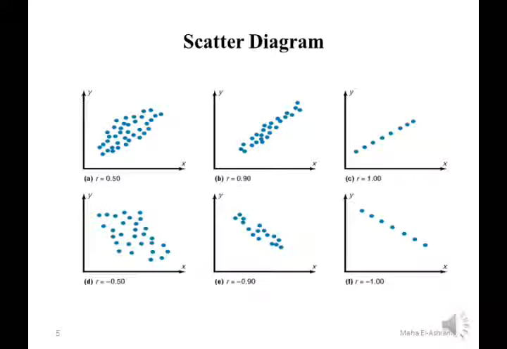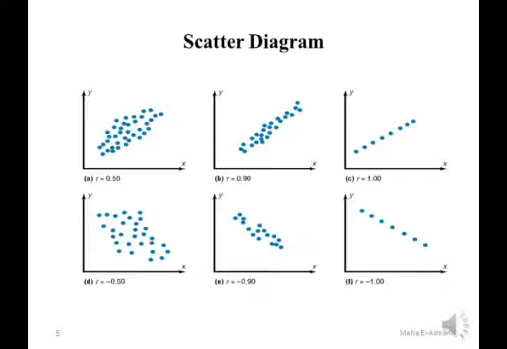Now, if you look at the slide and at sketch A, you will find that the points have a general shape in which you can imagine drawing a straight line. This line will have a positive slope.